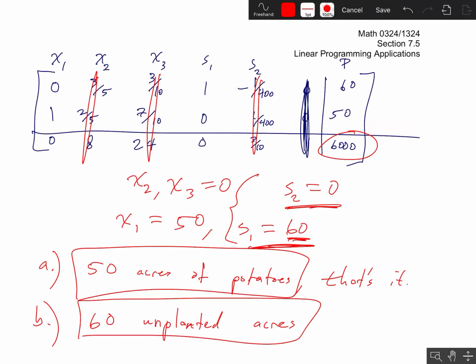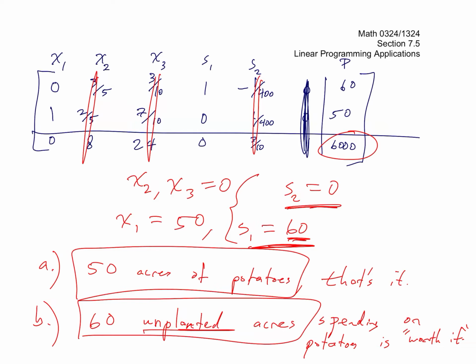So I would say that we have 60 unplanted acres, but spending on potatoes is worth it. So we have blown our whole budget, which is why we have so many unplanted acres. And it might seem like this is an inefficiency because we have so many unplanted acres, but it is worth it in terms of driving the profit to just spend all of your money on this most profitable crop. So this is the best that we can do here.